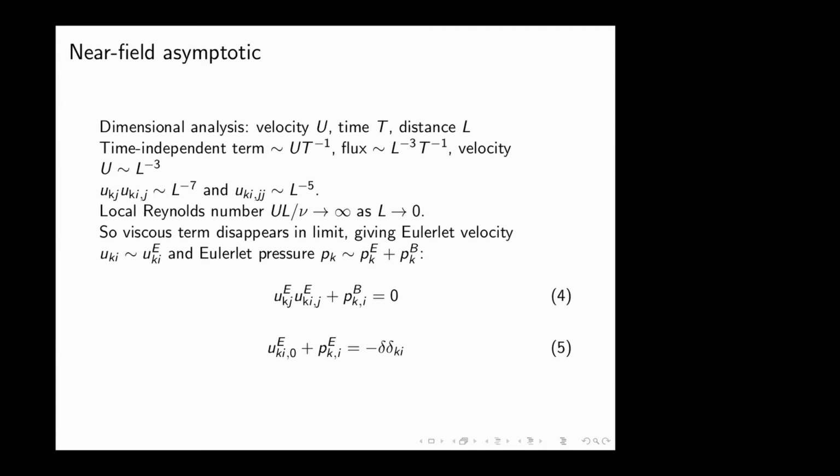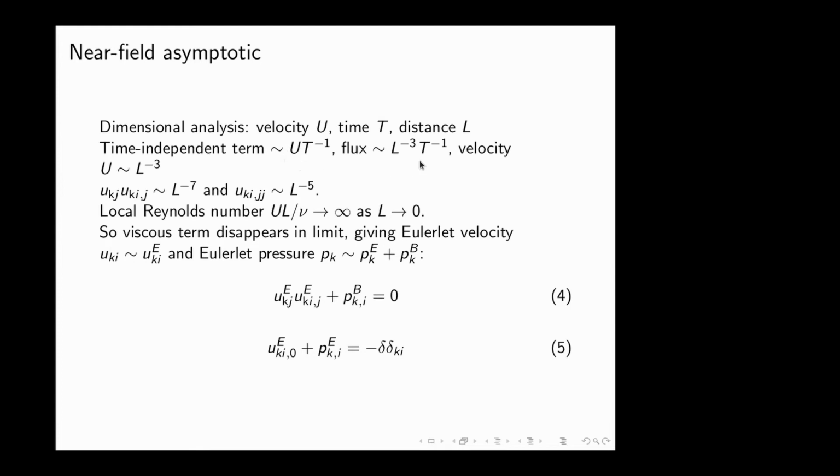From dimensional analysis, if we look at the velocity size U, time T, and distance away from the origin L, then we see the time-dependent term in the Navier-Stokes equations, that was u_i or u_ki comma 0, so that's a differential of the velocity with respect to time, has dimensions UT to the -1.